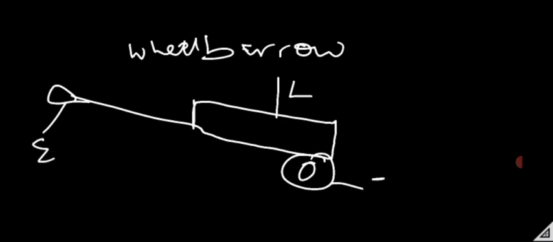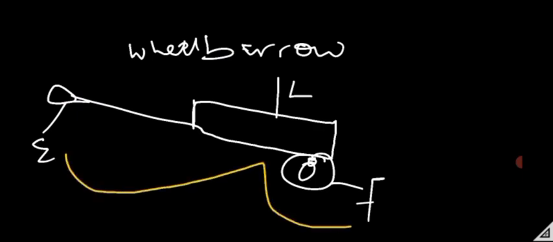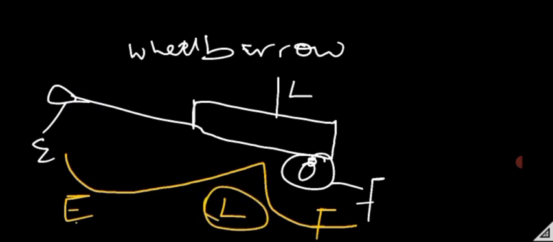That place is the effort, and this place is the fulcrum, because this is where the body is fixed. Now when I start my movement, I start from E, before I reach L, before I reach F. It therefore means that L is at the middle, so it becomes E, L, F. Load is at the middle. In this kind of configuration, it is a class 2 lever.